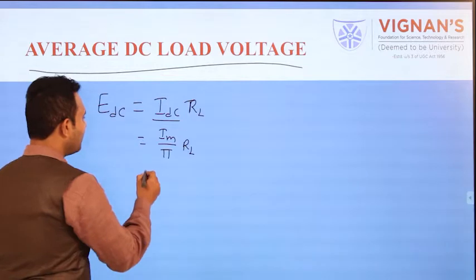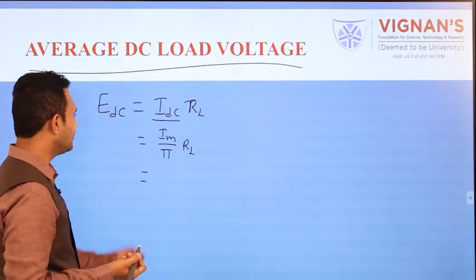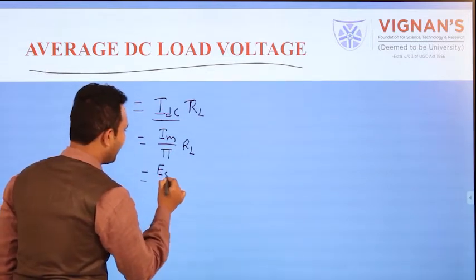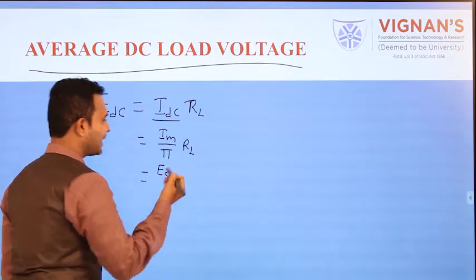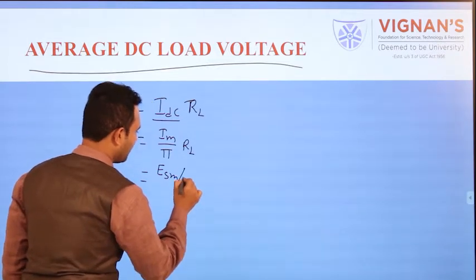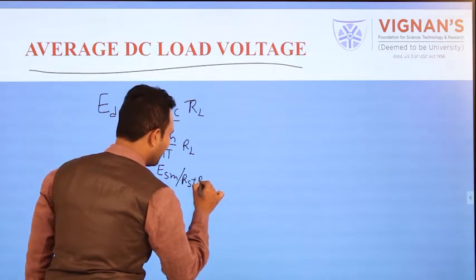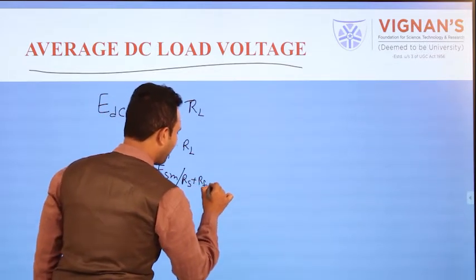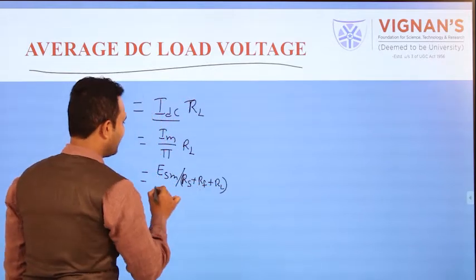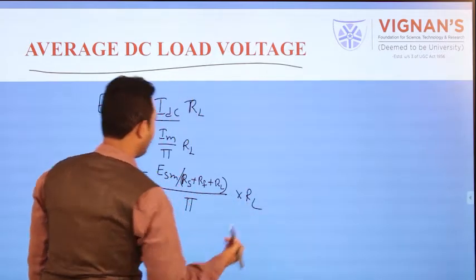We already solved it: Im is equal to ESM, the secondary maximum voltage, divided by RS, the secondary winding resistance, plus RF, the diode forward resistance, plus RL, the total load resistance, divided by pi into RL.